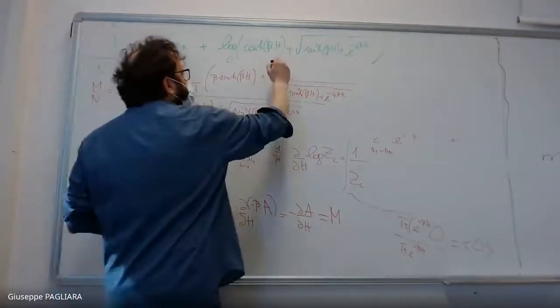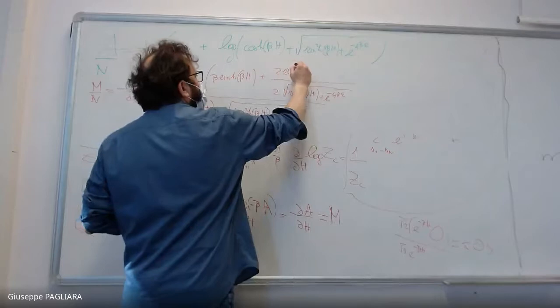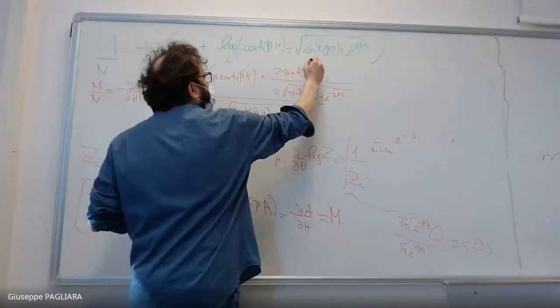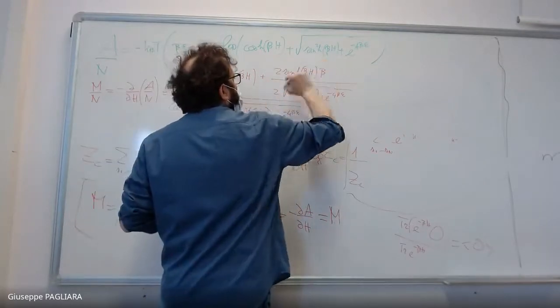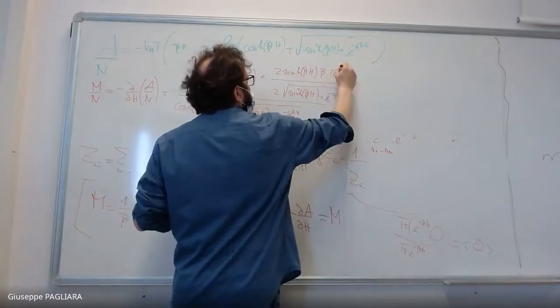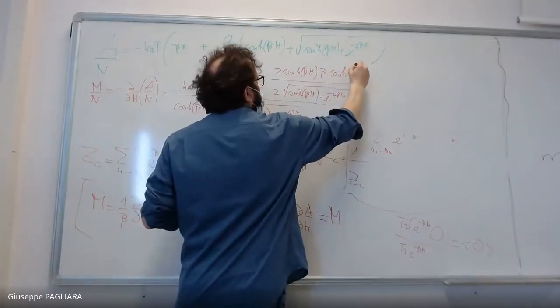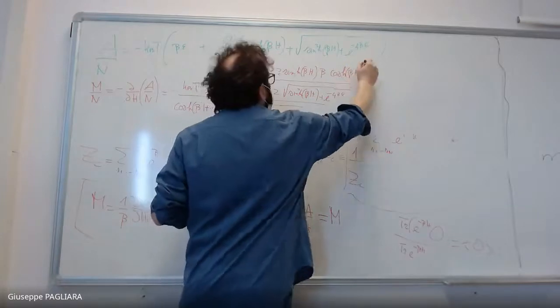Then I have a 2 beta h beta, and of course, I think that's it.